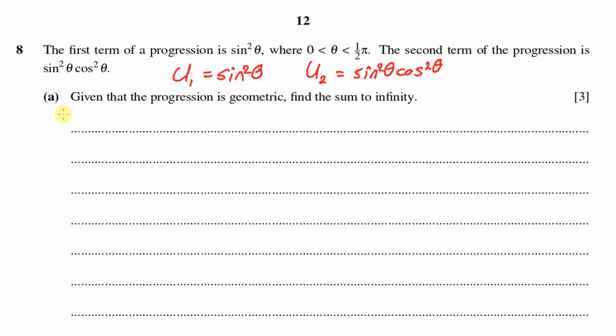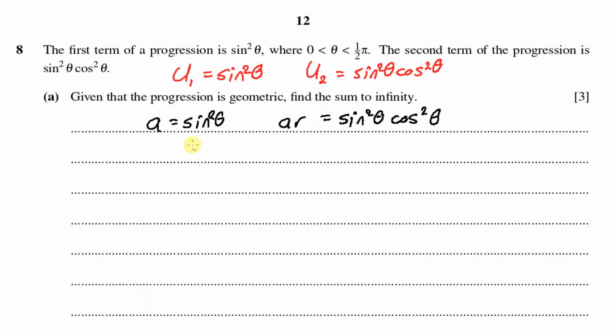But now on A, they say that the progression is geometric. Now for a geometric progression, the first term is A. So that will be A is sine squared theta. And the second term, we can denote it as AR. So that is sine squared theta cos squared theta.